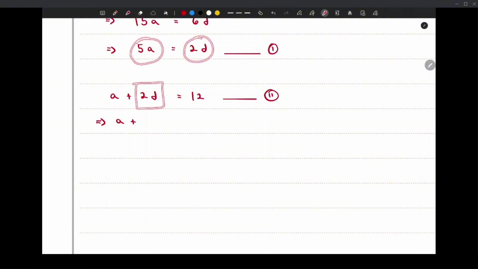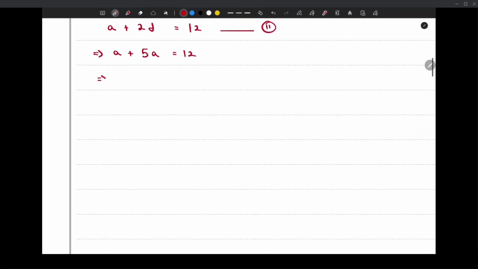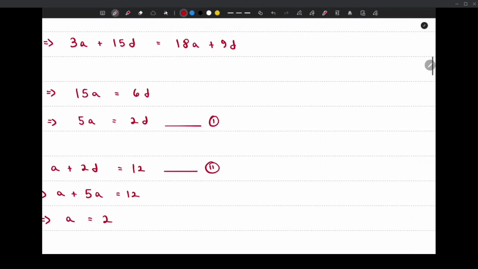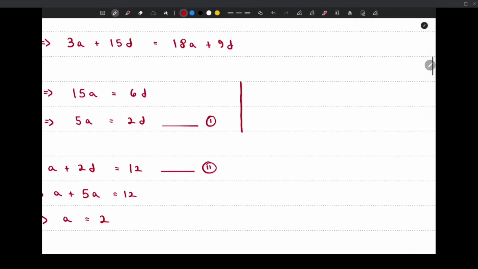So from this we can find the value of a, which is 2. And we can substitute this value into this equation to find d. So the value of d is 5 over 2 times a, which equals 5.